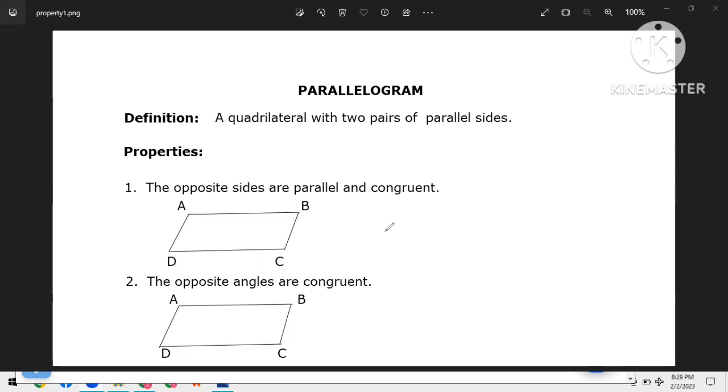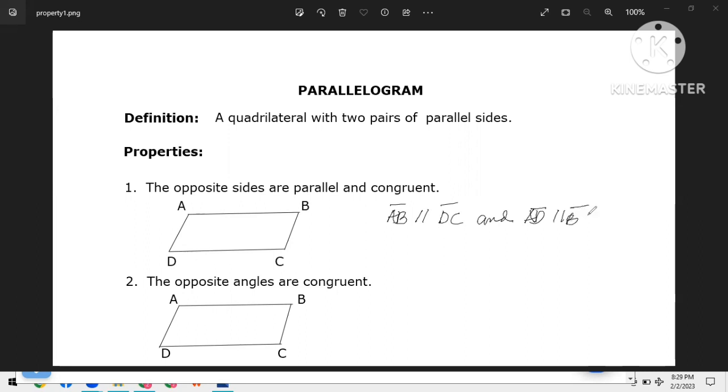So, let's take the first one. The opposite sides are parallel and congruent. Meaning, side AB is parallel to side DC. They are opposite sides, yung magkatapat, okay? And side AD is parallel to side BC.